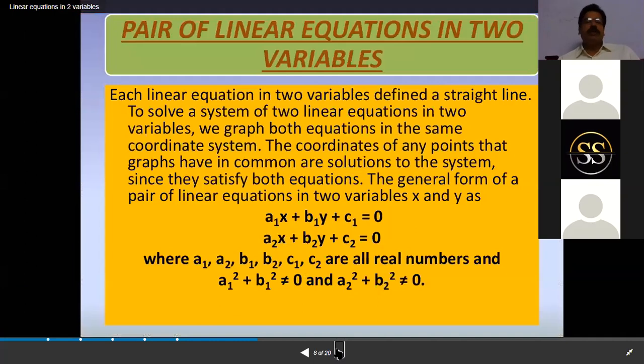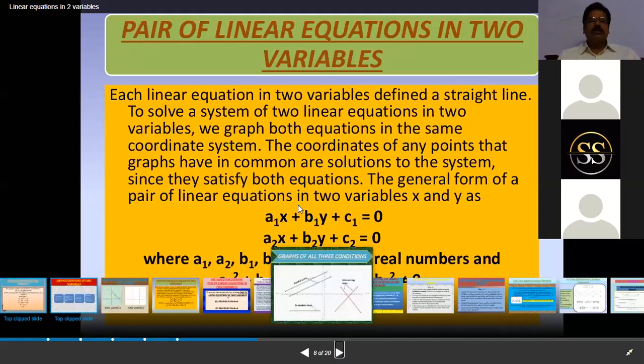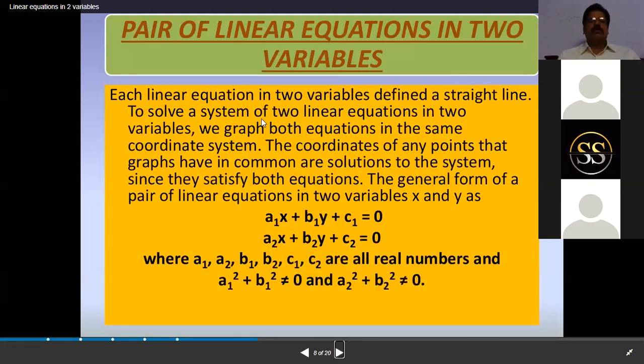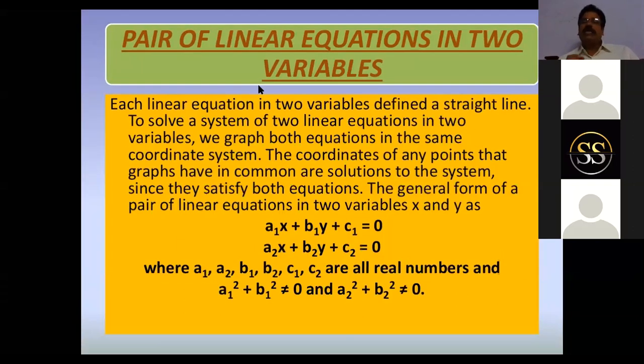Next slide: pair of linear equations in two variables, the definition. Each linear equation in two variables defines a straight line. To solve a system of linear equations in two variables, we graph both equations in the same coordinate system. The coordinates of any points that the graphs have in common are solutions to the system since they satisfy both equations.